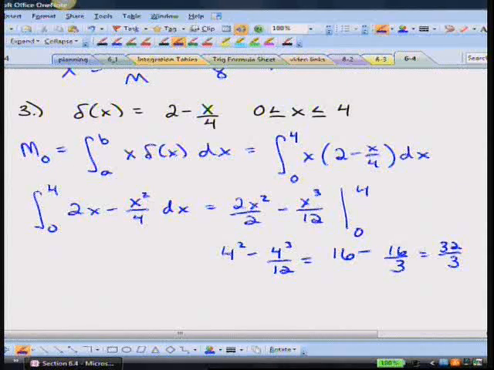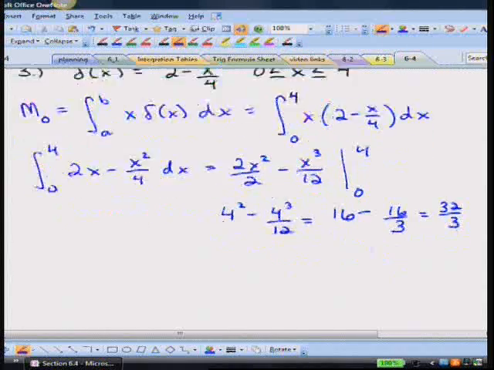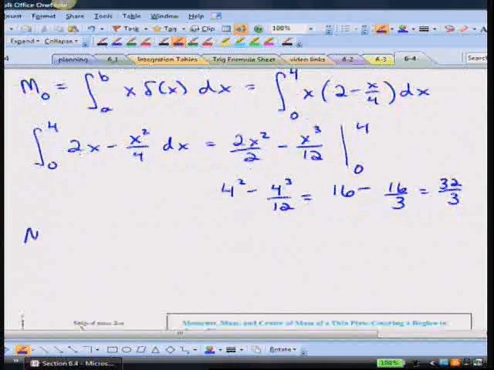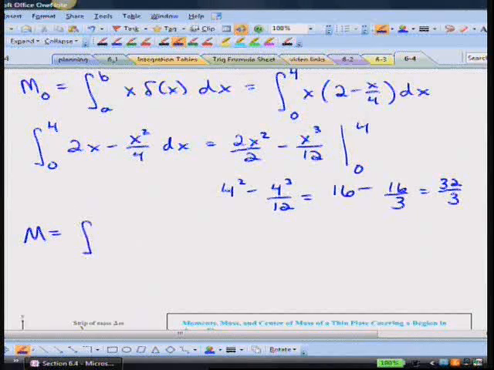Then you have to get the mass, and then you divide those two to get your center. So each one of these problems is 3 opportunities for success. Okay, so now we're going to get the mass. The mass is a little easier. It's the integral from a to b of the density with respect to x.